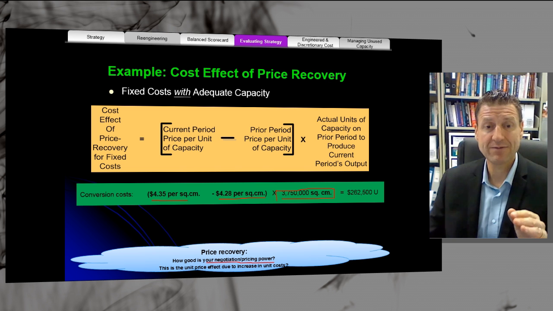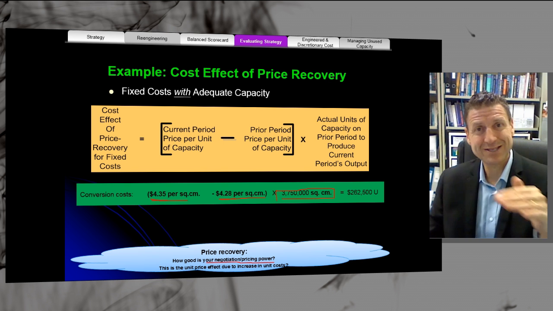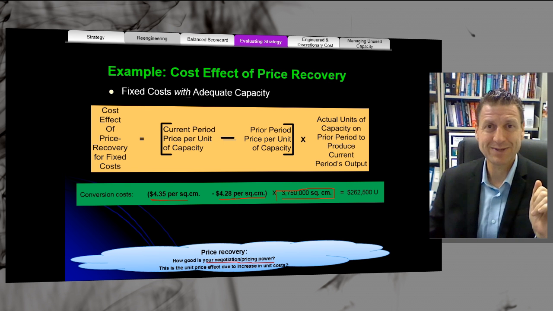So you know that conversion costs, did they go up or did they go down? Well, in the prior period they were $4.28, the current period they were $4.35. That's not good, right? Costs have gone up. This reminds me so much of China, things are going up all the time in terms of labor costs and other costs.